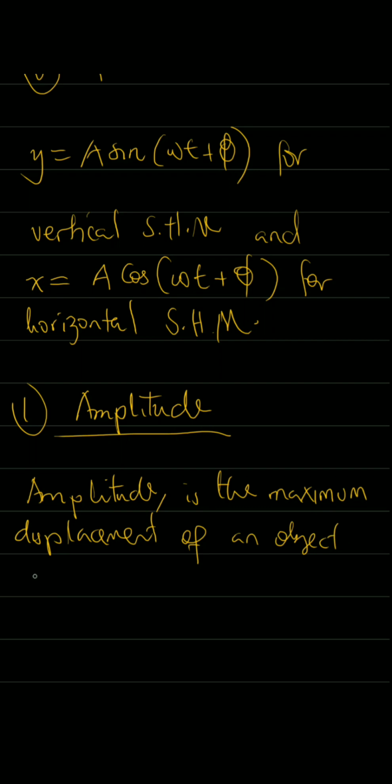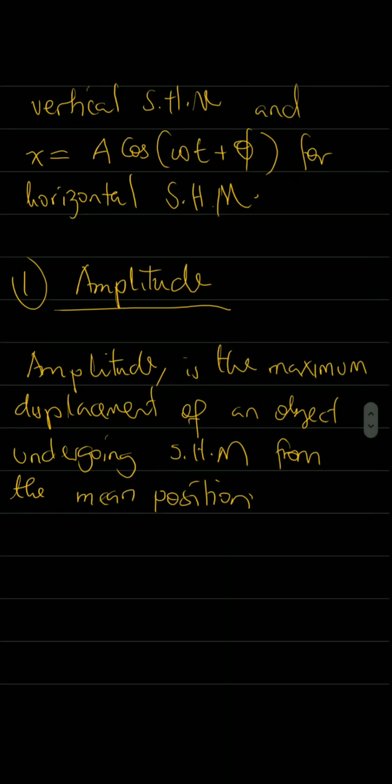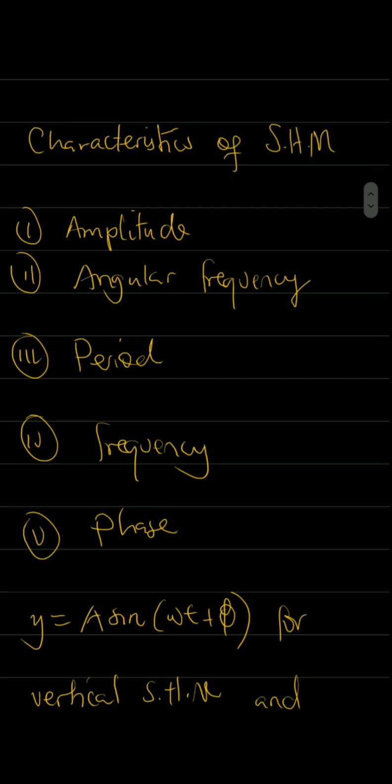So the amplitude gives us the maximum displacement of an object from its mean position. Since amplitude is a length, the unit we use to quantify it is meters, unless otherwise provided.